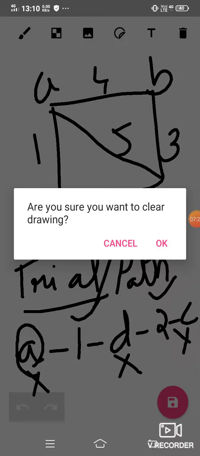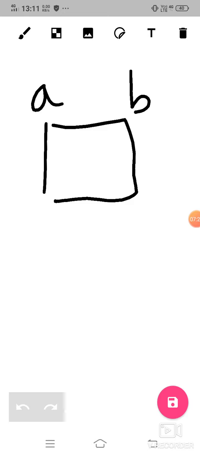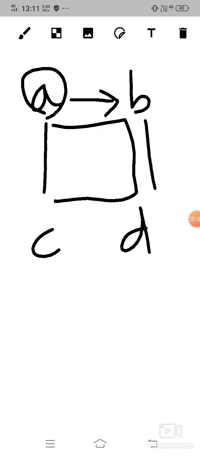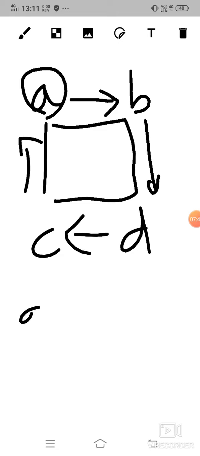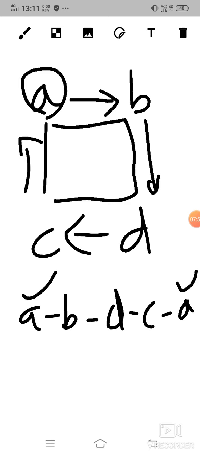Consider this example A, B, C, D. If you start from A, you can go to B, then D, then C, then A. So you are starting from A, B, D, C, A. Your starting point is v0, that is A, and your ending point vn is again A. So therefore this is a cycle.